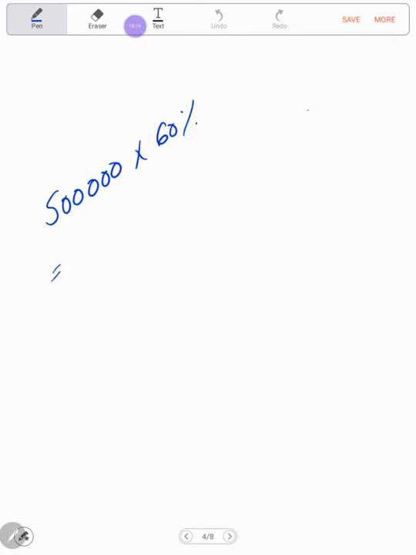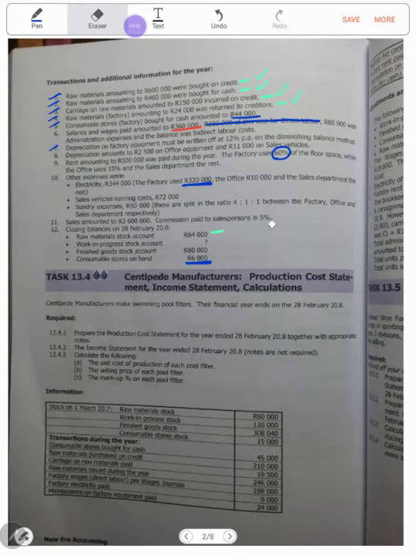So there's a little bit of a calculation that you will have to work out when we are completing an adjustment where a ratio is given. You have to work out your denominator using your ratio. So the total sundry is 90,000, and these are split in the ratio of 4:1:1 between the factory, office, and sales department respectively.